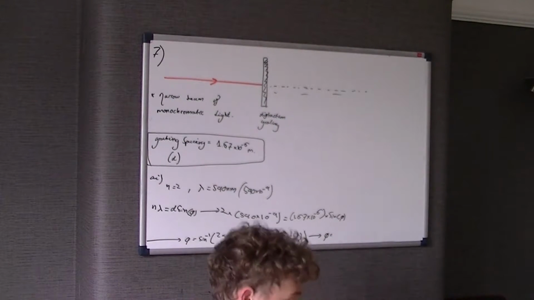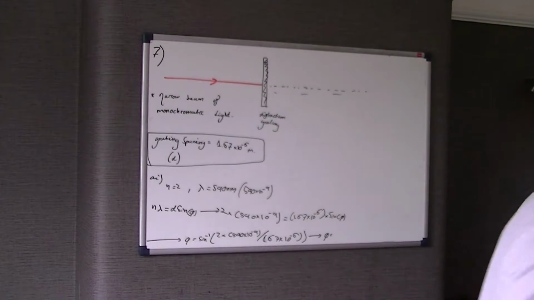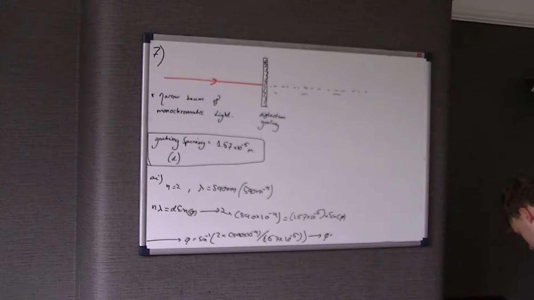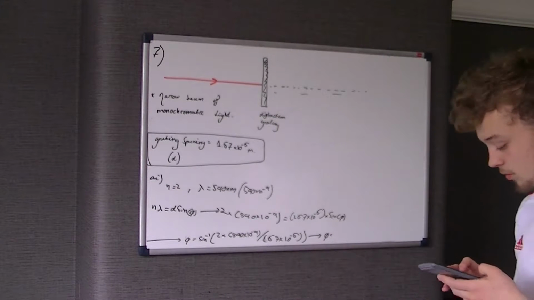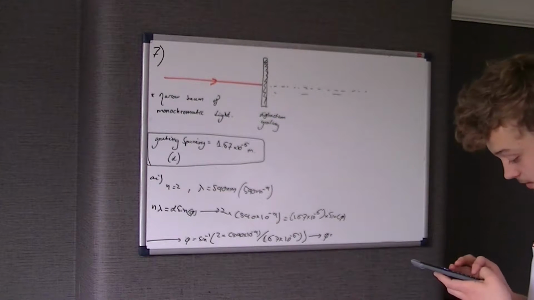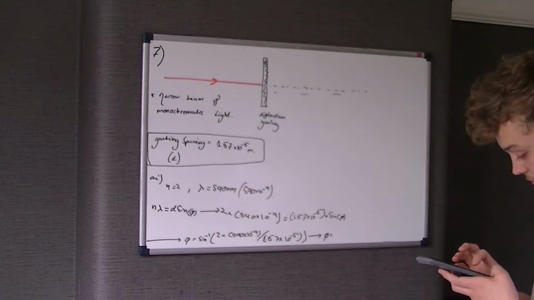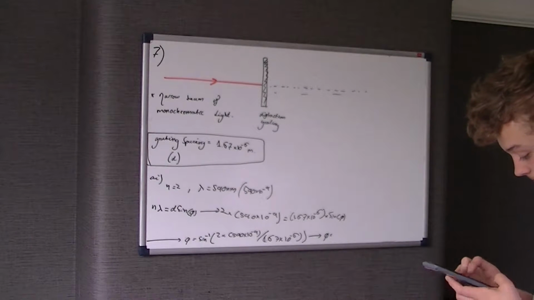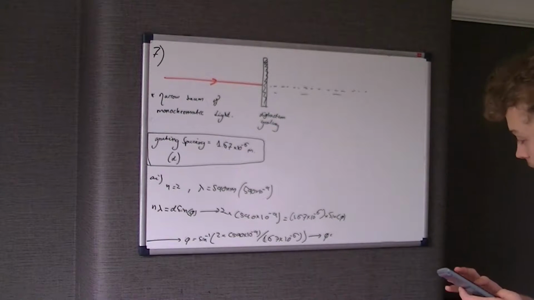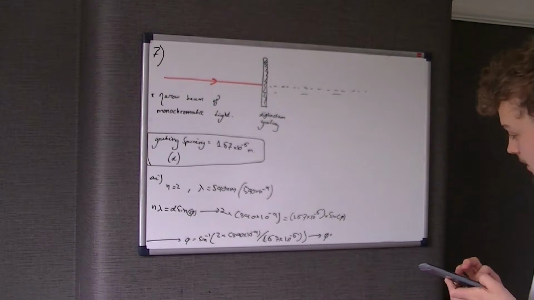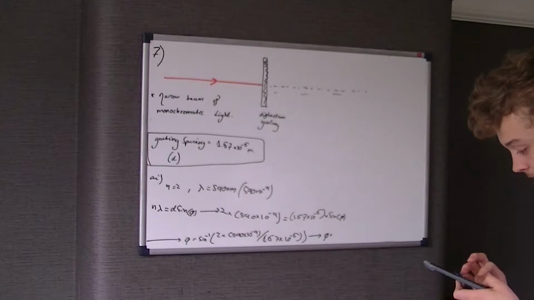So I'm just going to do it on my calculator. It wants it in degrees, just making sure. So the inverse sine of 2 times 590 times 10 to the -9, over 1.67 times 10 to the -6.